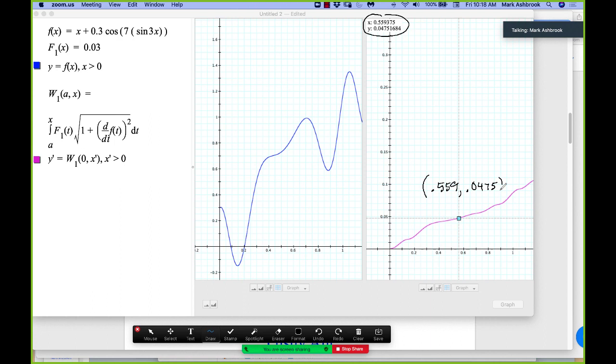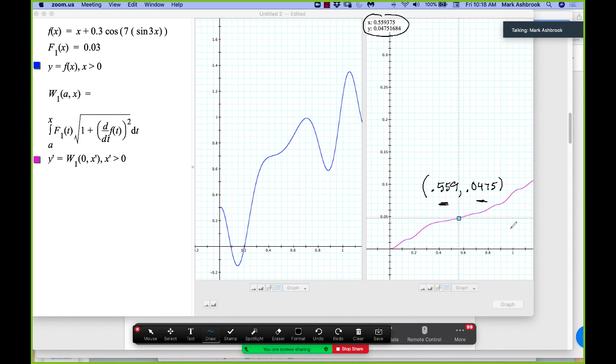Now we have to interpret the meaning of this point. This graph is a set of many, many points, a gazillion points. So understanding this graph means understanding what each point means. So what does this point mean? 0.559, 0.0475. Could we say that at x equals 0.559, the work done by the ant is 0.04?